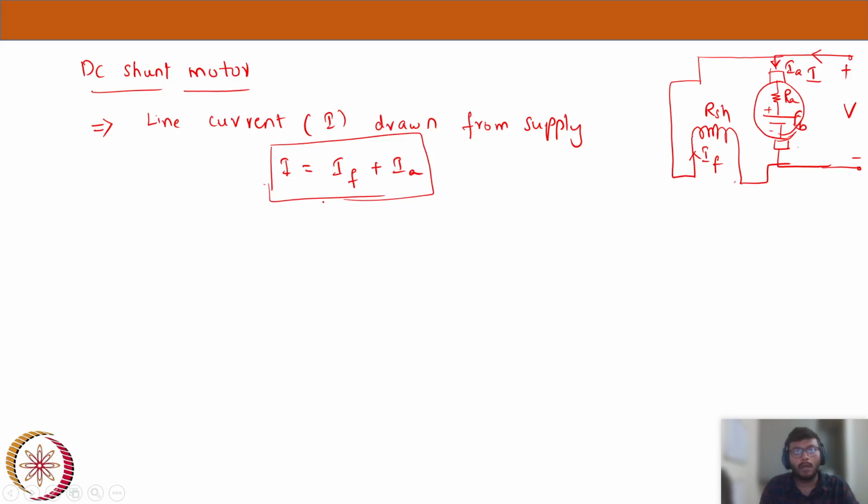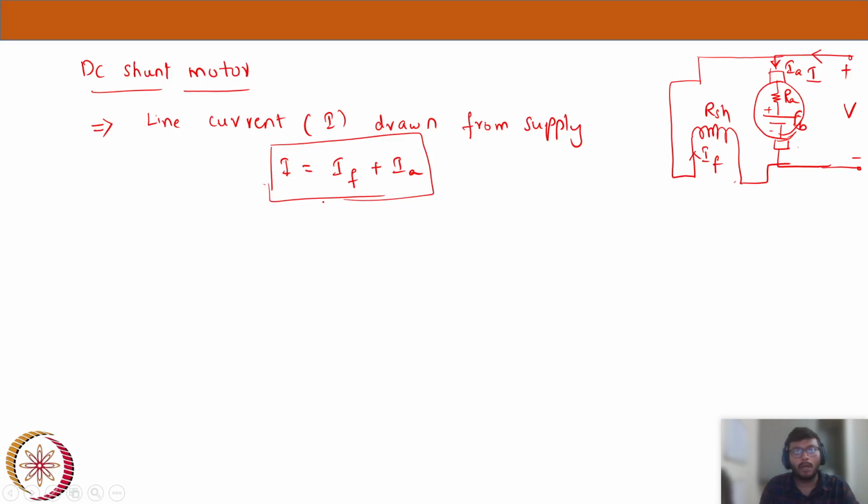So what are the motor equations we discussed? EB is nothing but V minus Ia Ra. Now we know EB is some constant K into phi and N. These are the derivations we looked at over the last 2 weeks, and today also we discussed this.